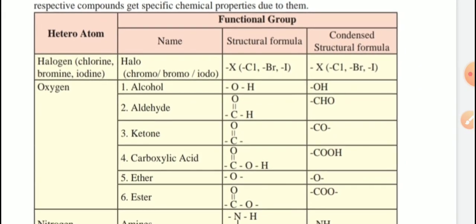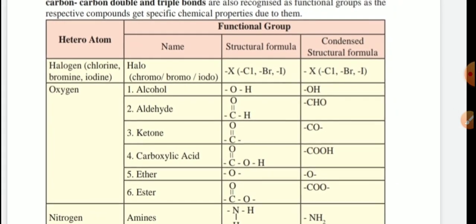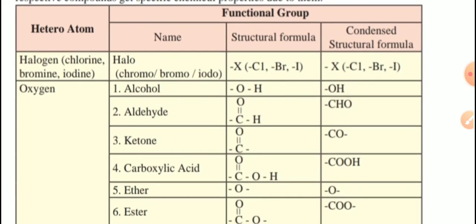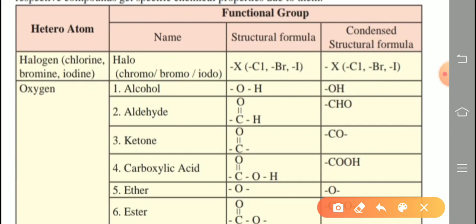Now the question is asked in a different way. What are the different functional groups? Draw the table. Give one example. Complete the following table. Now see this table. Functional groups. Which heteroatoms? First one, halogen. Halogen means chlorine, bromine, iodine. Its name is halo.